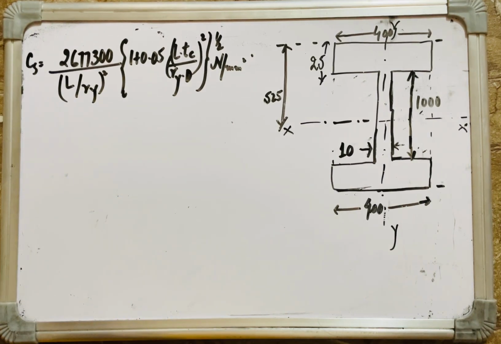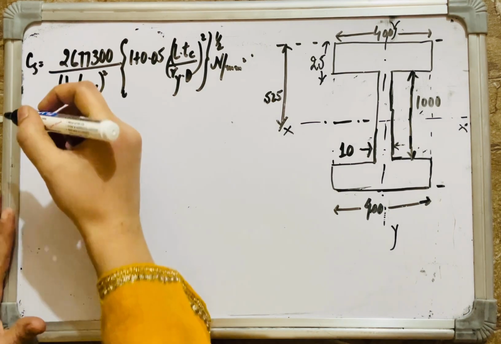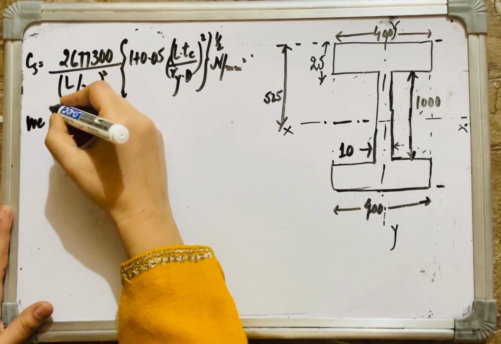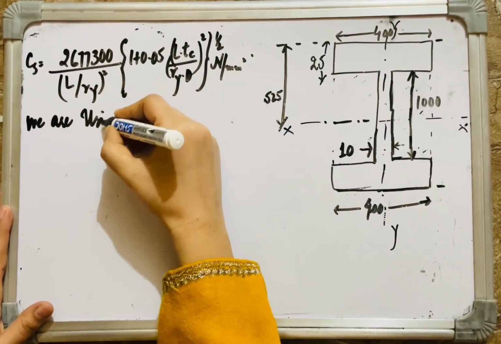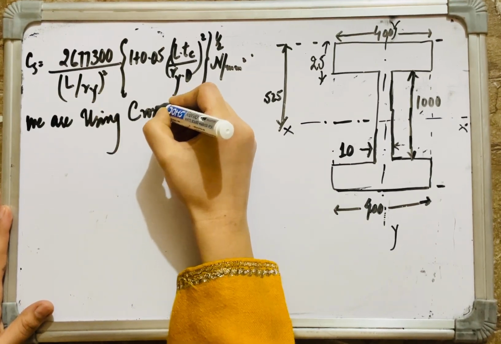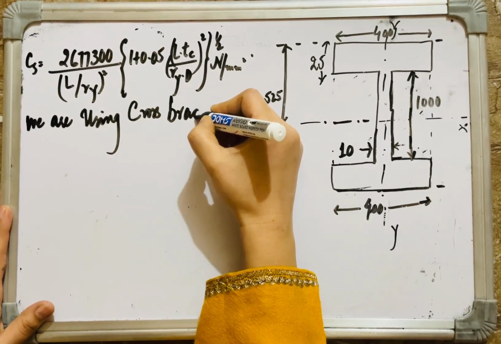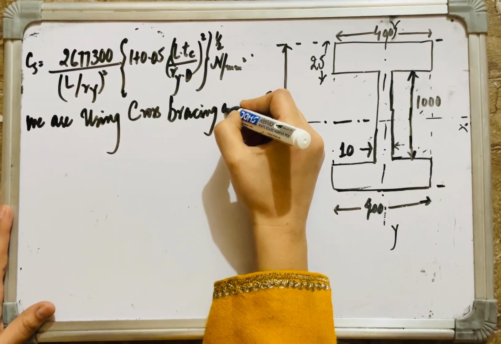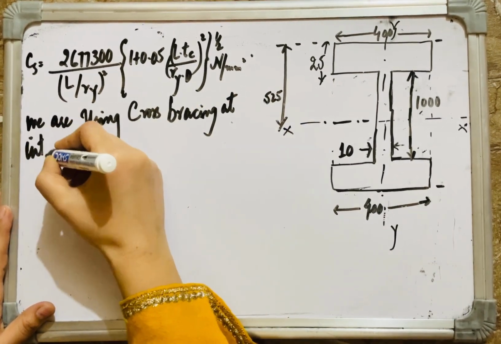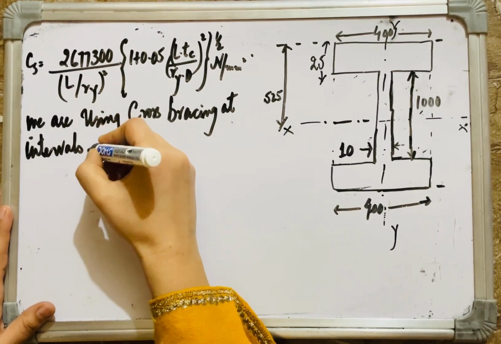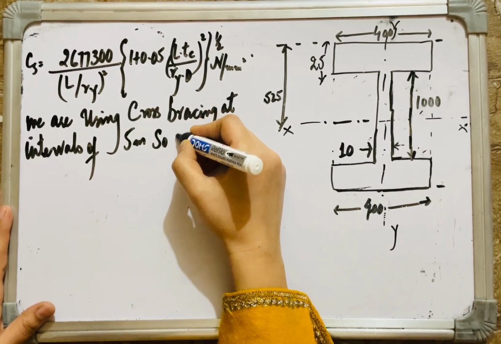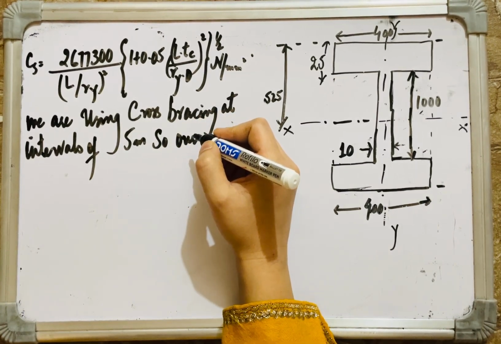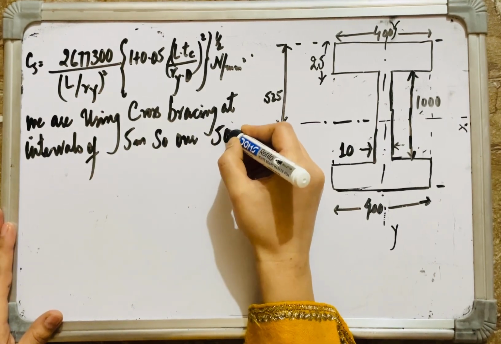If we are using cross bracing at intervals of 5 meters, then our L, the effective length of the compression flange, will be 5000 mm.